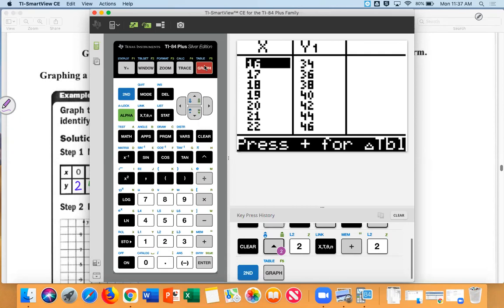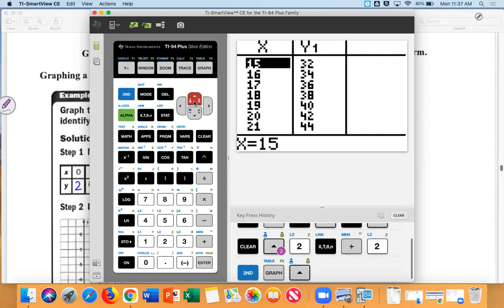I wanted to know the values of y for 0, 1, 2, 3, and 4. I can scroll through my table, but yours probably starts right there. Does everybody see the table was 0 and 2, 1 and 4, 2 and 6, 3 and 8, 4 and 10? Weren't those the numbers we found? Isn't this an easier way to do it? So there's our table.